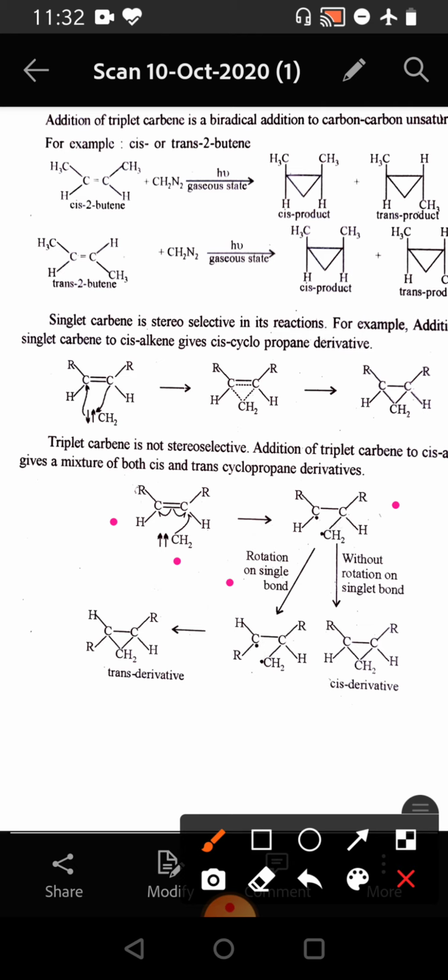So if it rotates, then a rotated product is formed, and this rotated product then forms a bond with carbene, and the trans derivative is formed. But if this intermediate, which was formed by forming one bond with carbene, does not rotate, then the other bond forms and the cis derivative is formed.